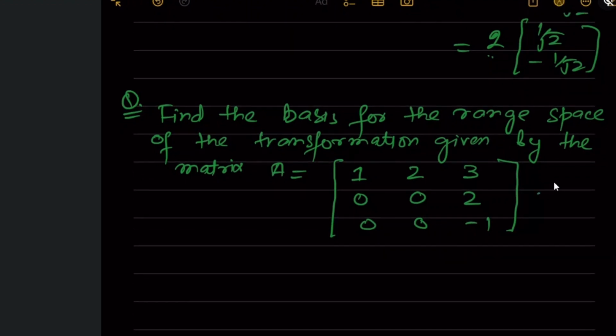So we have a matrix given and we have to find a basis for its range space. I think we have not discussed range space, but in week 1 lectures range space etc. was mentioned. So does anyone want to tell what a range space is? A range space basis?